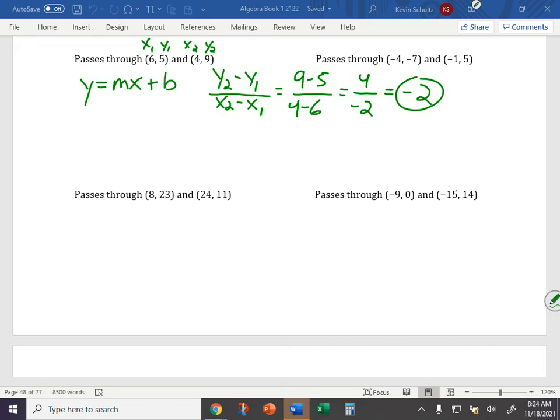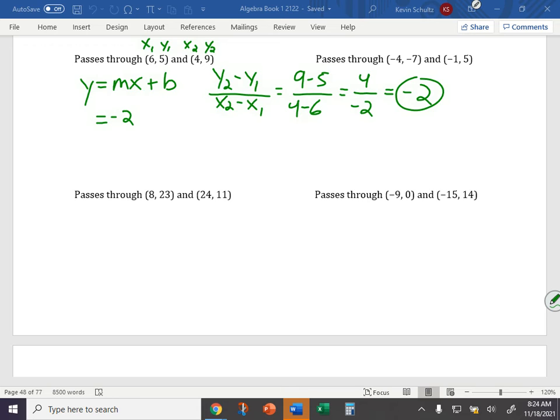Arlene asks, when finding the y-intercept, can you use either ordered pair? Now that we've got the slope, we've got to find that b. The y-intercept is not given to us. Arlene remembers that we plug those values in for x and y to solve for b.